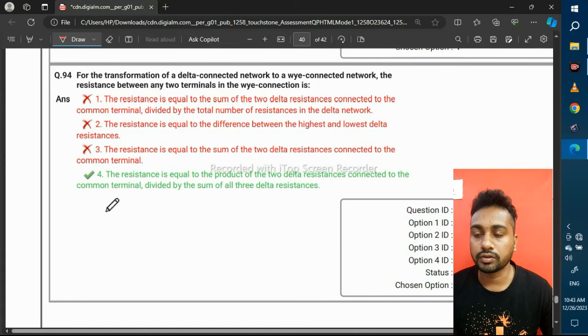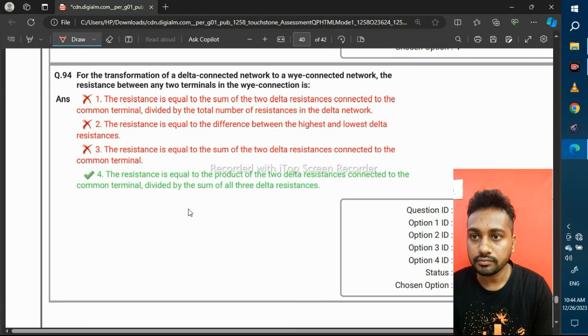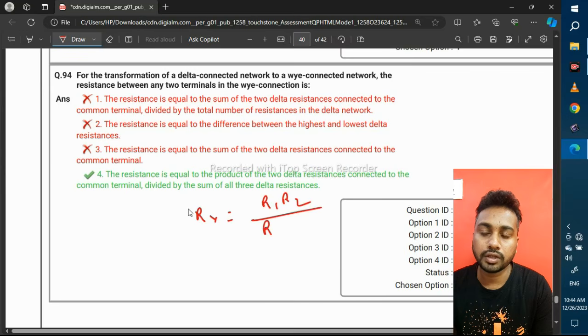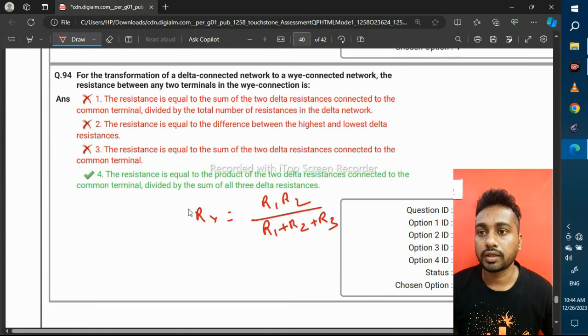So the answer is the fourth one. The resistance is equal to the product of the two delta resistances connected to the common terminal divided by the sum of the delta resistances. So this is right only. Suppose R1 R2 divided by R1 plus R2 plus R3, like that the formula is there for the Y connection.